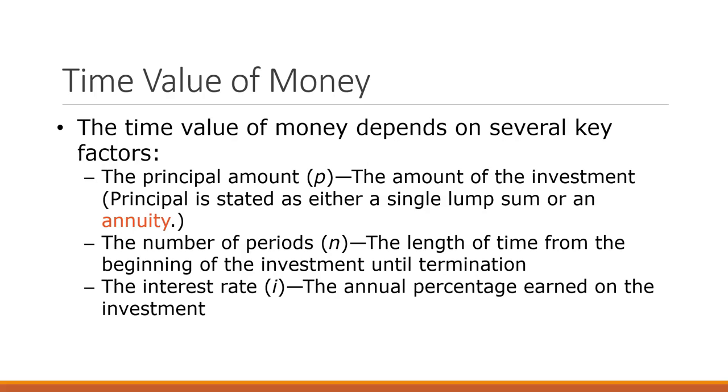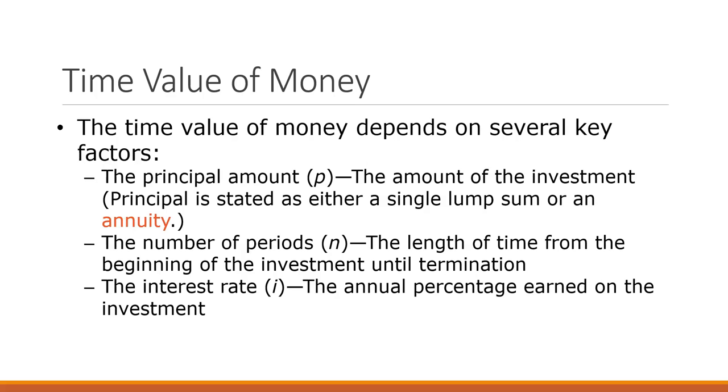Our principal amount is stated as either a single lump sum or an annuity. What annuity means is that we would pay something every year. So we can say we're going to buy a building, and that building is going to cost us $500,000.